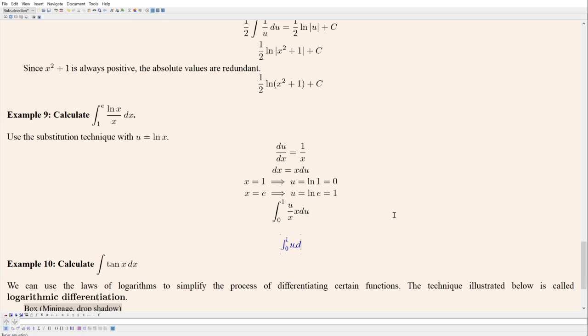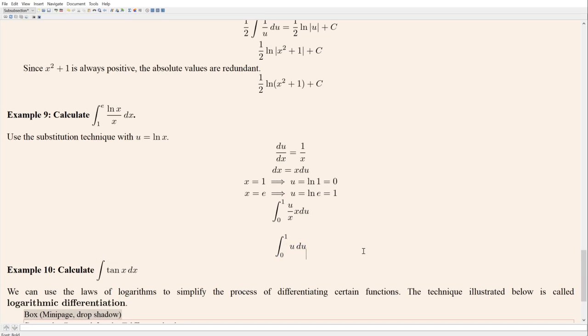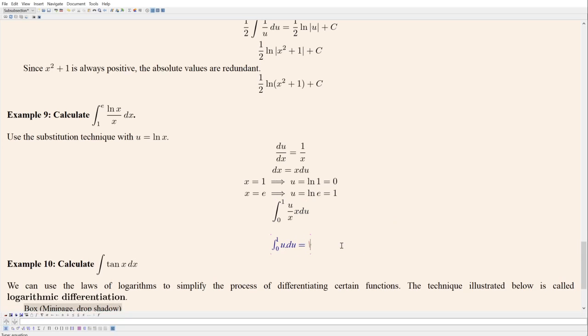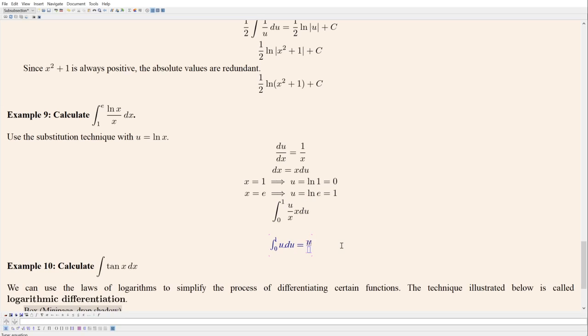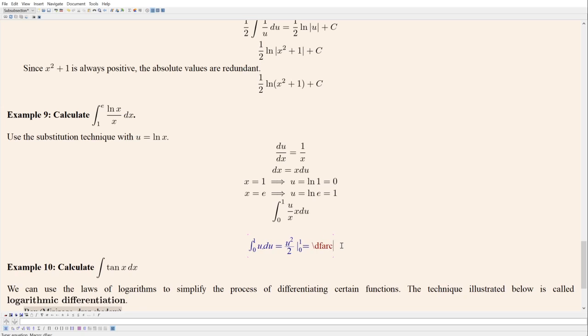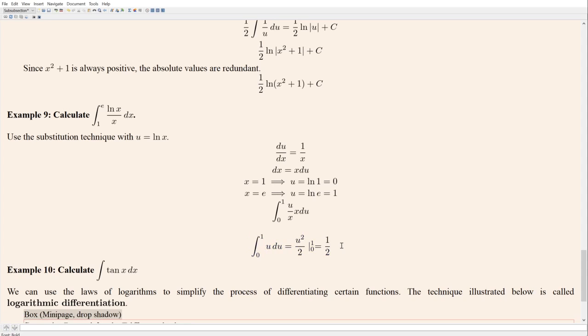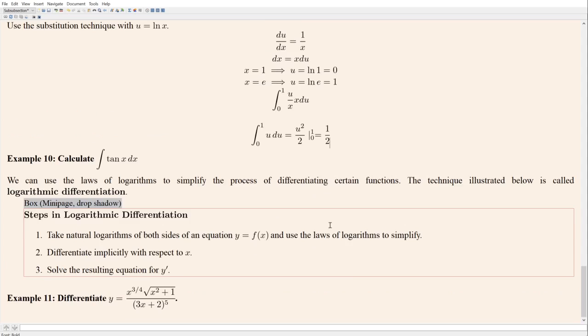So we just have u du left over. And that is easy to anti-differentiate because that is just u squared over 2. We still have to evaluate that between 1 and 0, but that is also easy. Plugging in 1, we get 1/2. Plugging in 0, we get nothing. So 1/2 is our final answer.